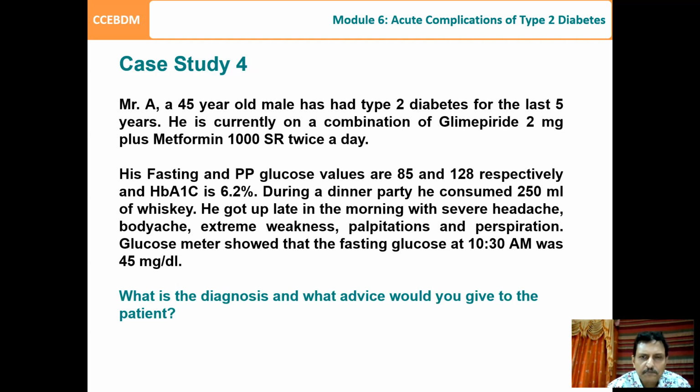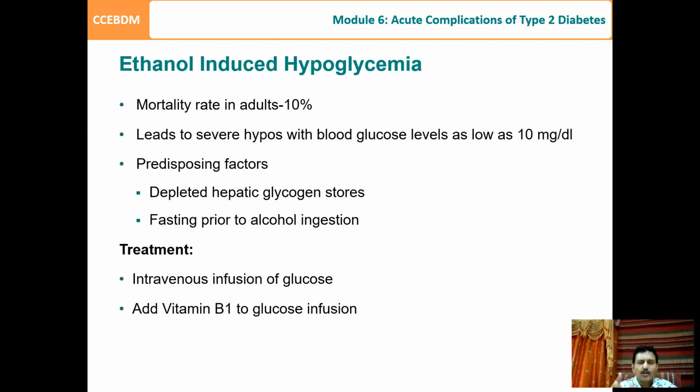because you know that ethanol itself can induce hypoglycemia. One explanation is that it prevents the gluconeogenetic pathway, and also when someone takes alcohol, they take less carbohydrate.